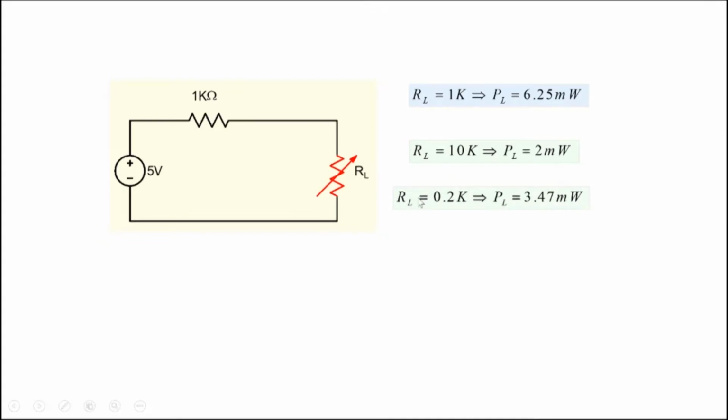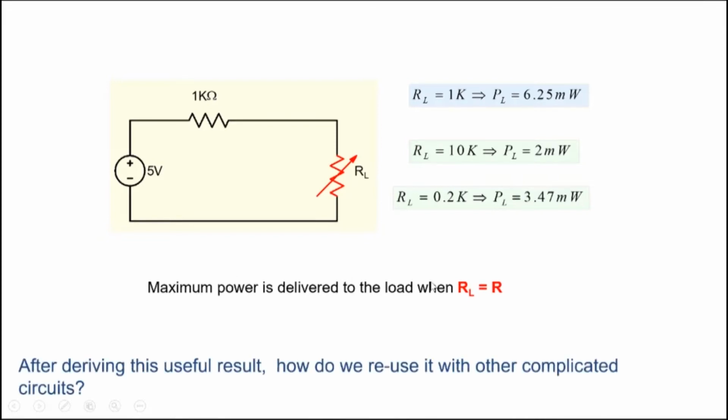Similarly, if we connect something which is smaller, let's say 0.2K or 200 ohms, power is again smaller, 3.47 milliwatt here. So for both RL above 1K and below 1K, power is going to be smaller. At this value of RL, power is maximized. Okay, so it's a useful result. So maximum power is delivered to the load when RL equal to R.